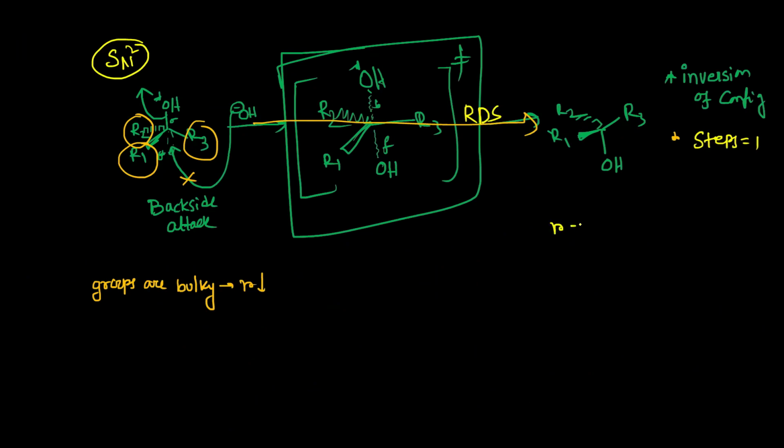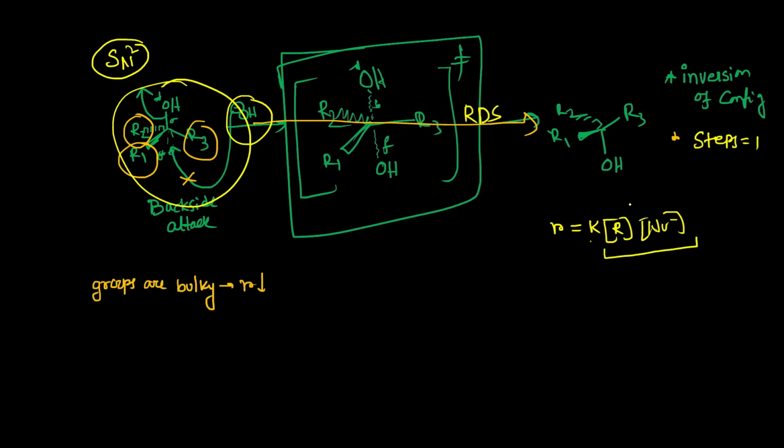So rate equals rate constant into, here you can see two things are involved. Initially in the RD step only one species was involved, but here two species are involved. What is that? Reactant and nucleophile, isn't it? This is the reactant and this is our nucleophile. So in this side, total power is 1 and 1, 2.